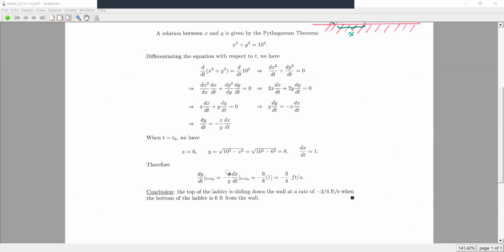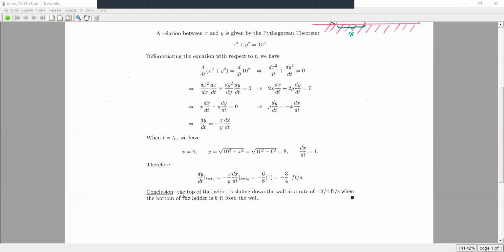At t0, x is 6, y is 8, dx/dt is 1. So simplifying a little bit, we get the rate at t0 is negative 3/4. And the unit is feet per second.